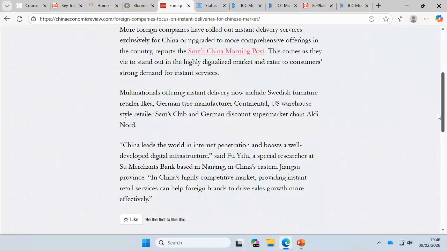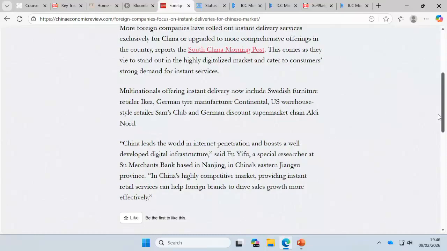What's interesting is obviously these are commercial firms, but firms like Continental and Sam's Club in many cases are actually dealing with commercial counterparties. They are delivering goods to tire sellers or, for instance, repair shops who will only order stock when they actually need it, but want it delivered instantaneously.